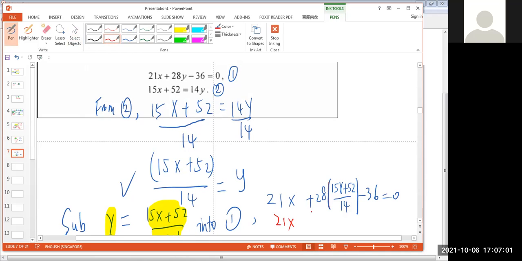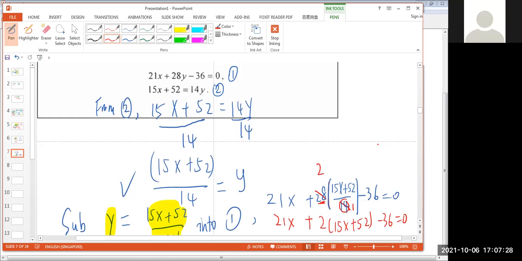Over here, can you see that you have a 28 here times what is inside? So can you see that this is a 14? You can cancel, 28 divided by 14 is 2, 14 divided by 14 is 1. So you will simplify this into 2 times 15x plus 52, minus 36 equal to 0. Can you follow this step so far?